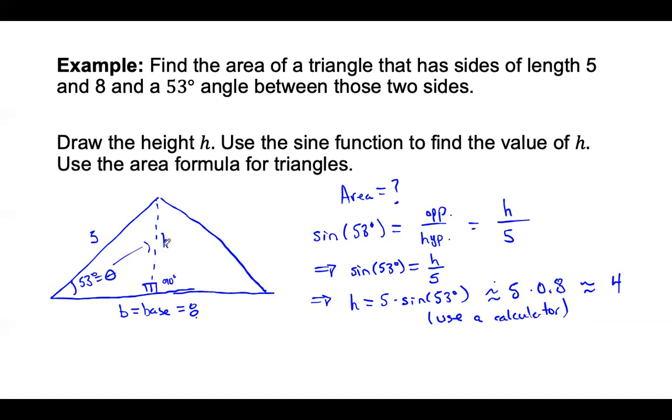So if we use this calculator, we found sine of 53 degrees was approximately 0.8, sorry. So the area is going to be, well, area is a half times our base times our height.